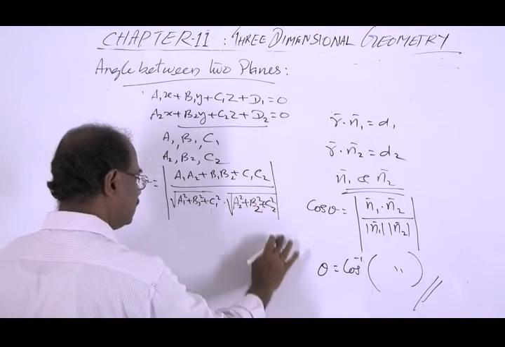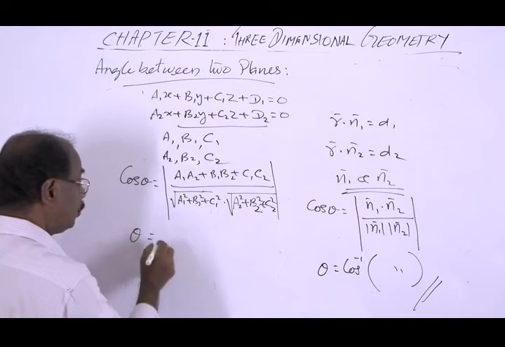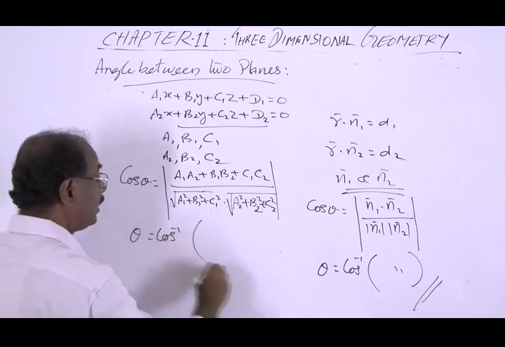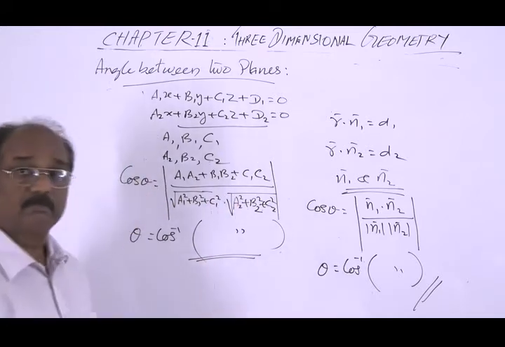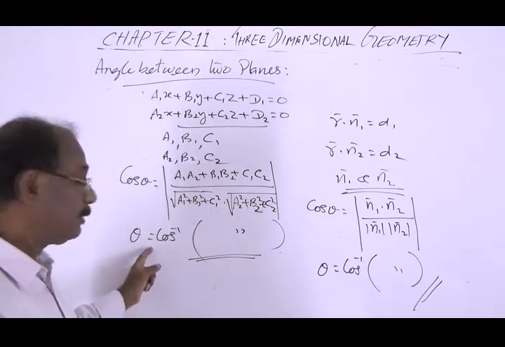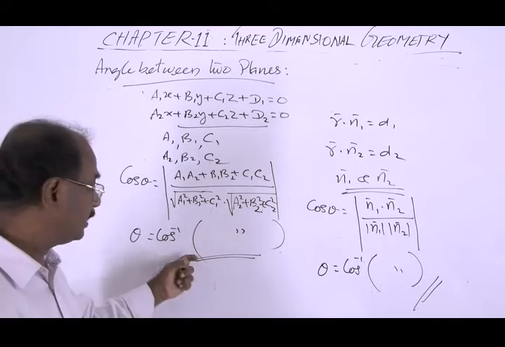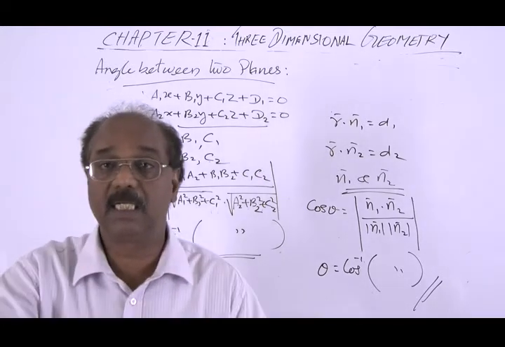So this is cos theta, and hence theta is equal to cos inverse of this. This is the angle between the normals, and hence the angle between the planes in the Cartesian form.